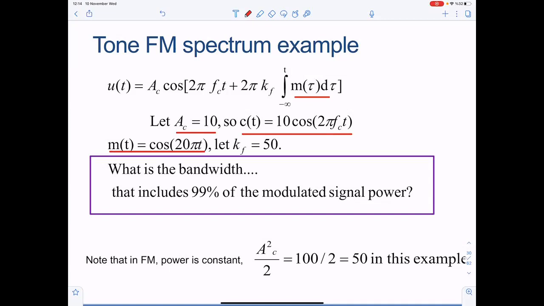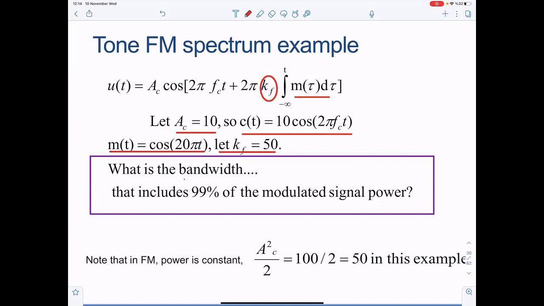So the frequency is 10. And suppose KF is 50. KF here is 50. All right. Now, with these parameters, what is the effective bandwidth?